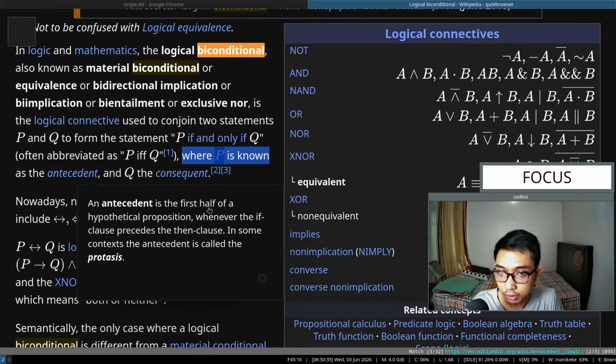An antecedent is the first half of a hypothetical proposition, whenever the if clause precedes the then clause. In some contexts the antecedent is called the protasis.